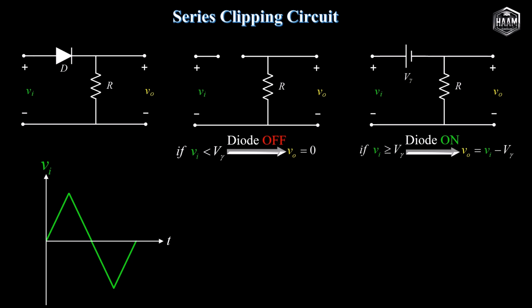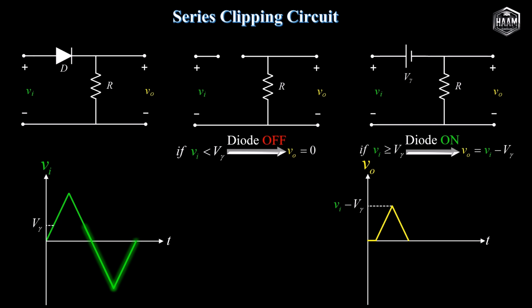Thus, during the period where V sub I is less than V sub gamma, V sub O remains at 0, whereas during the interval where V sub I exceeds V sub gamma, V sub O follows V sub I minus V sub gamma.